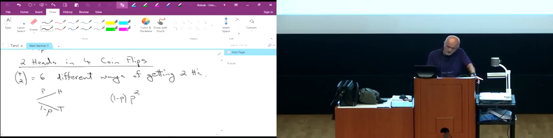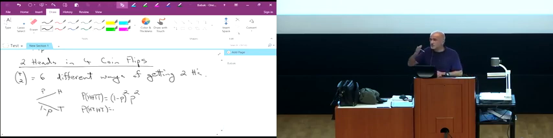1 minus P squared. So each of those outcomes, this could be the probability of heads, heads, tails, tails. Is this different from the probability of heads, tails, heads, tails? No. So it's also equal to that.